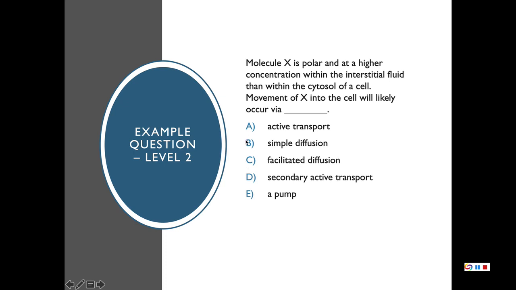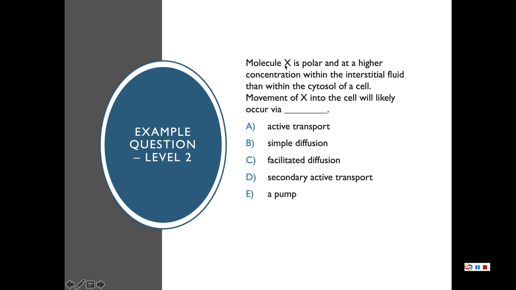At this point, choosing between simple diffusion, which would be the movement of a molecule directly across the membrane without using any kind of protein transport system, or facilitated diffusion, which is going to have a transporter made of protein that's embedded within the membrane to assist. And so the difference between these two is what type of molecule is being moved.